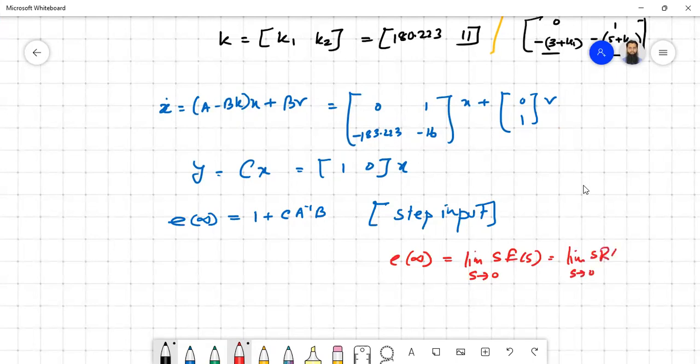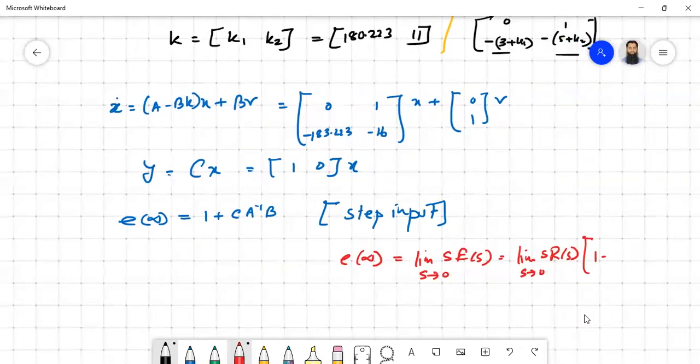we have seen that our E(s) can be replaced by s R(s) times 1 minus C (sI minus A) inverse B. So this was general.